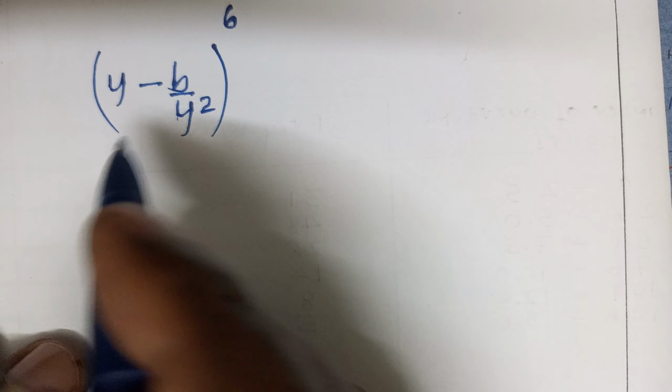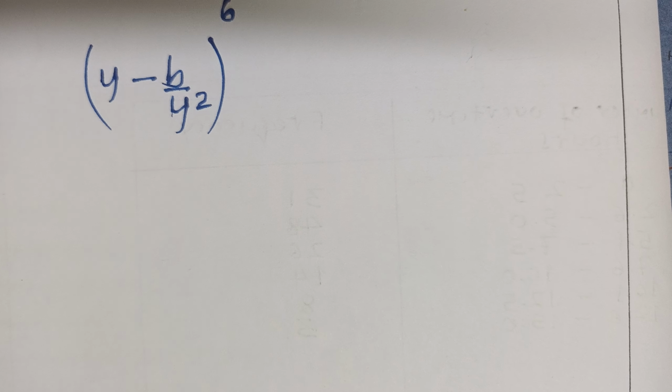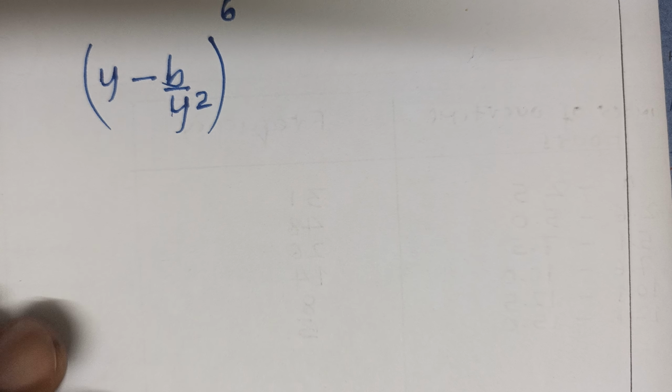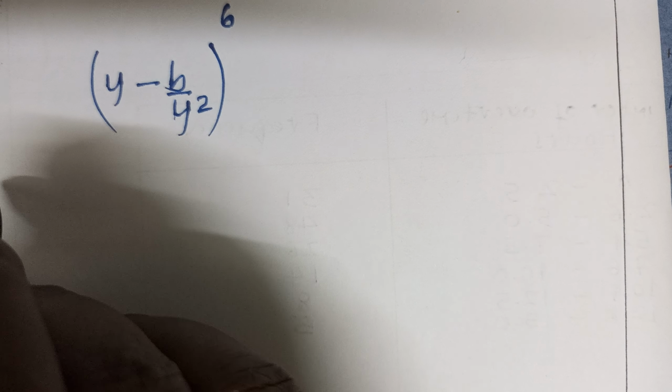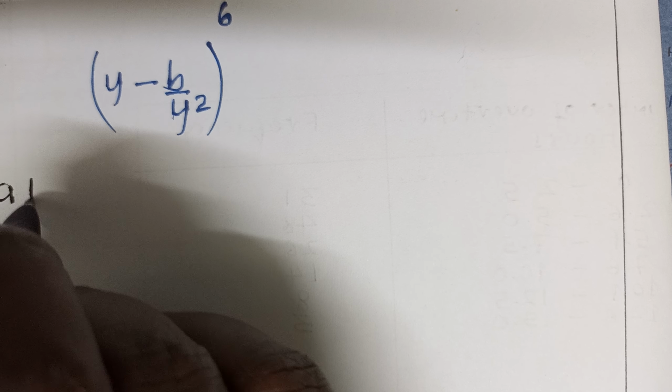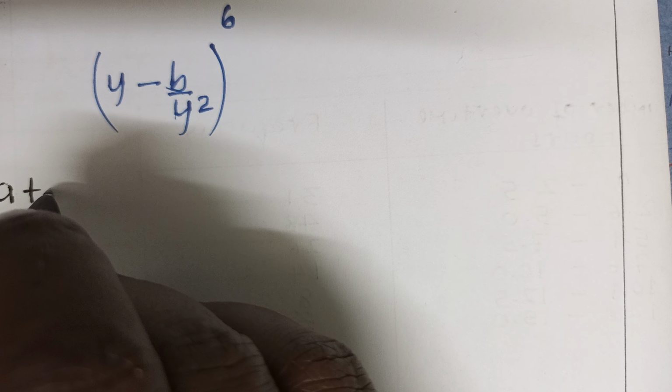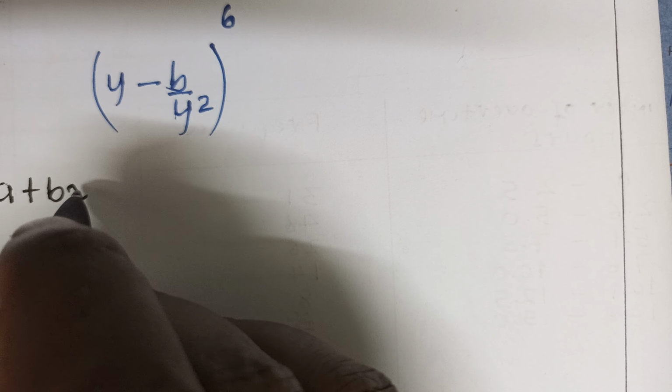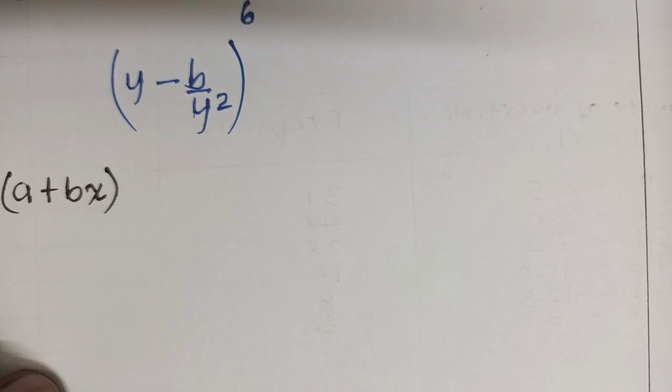Before we do the question, let me just write the general formula. The general formula is written like this: (a plus bx) now raised to n.